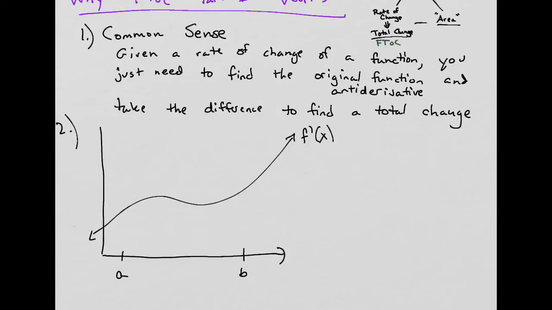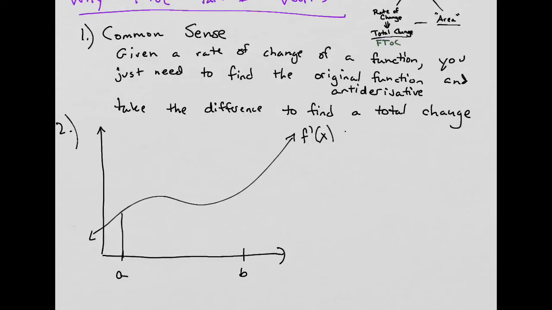So this is our derivative or our rate of change, graphed on here. And we want to find the total change from a to b.